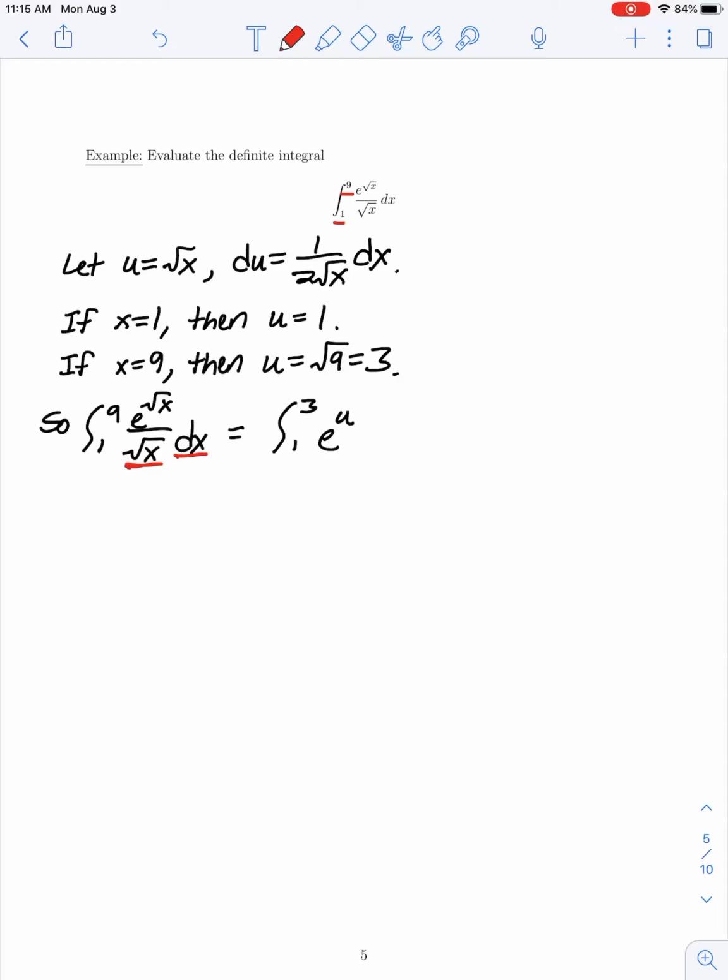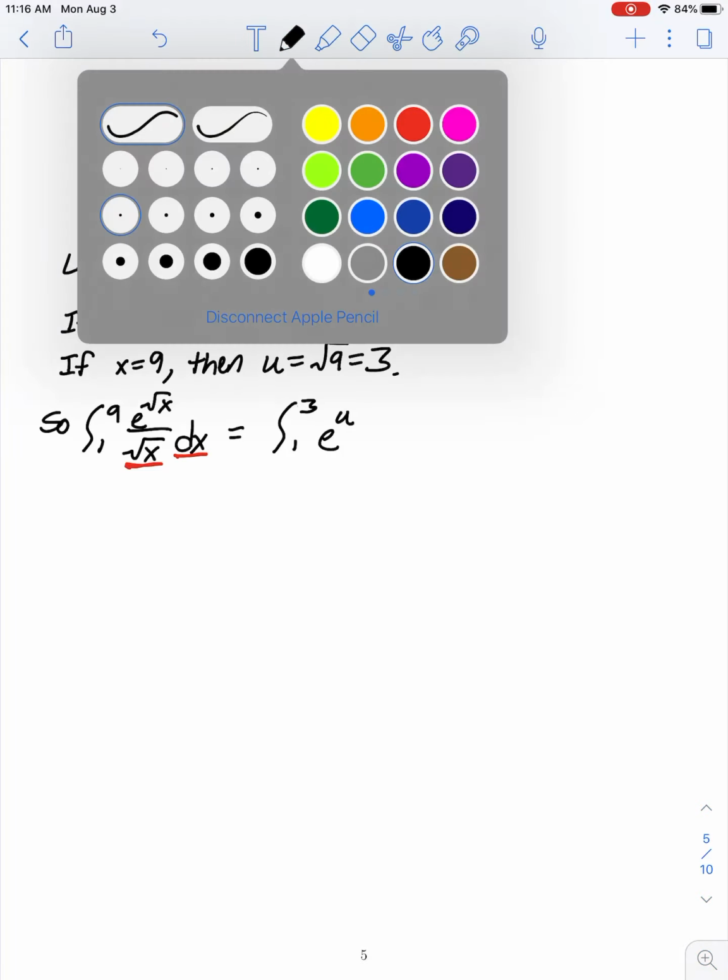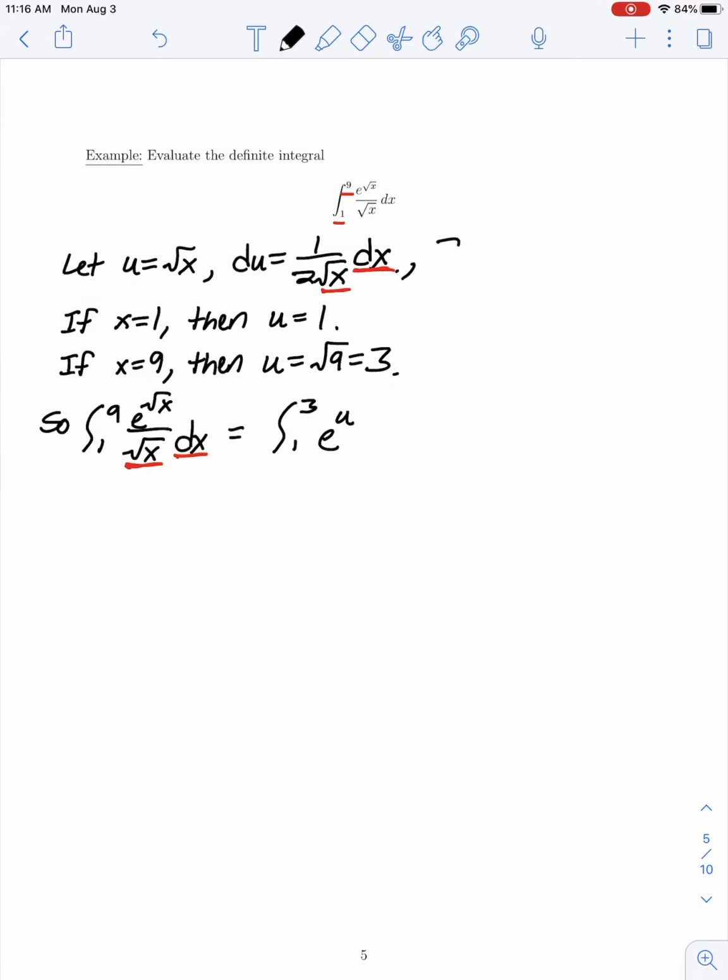So if we look back at our previous work, we see that if we have the differential dx and we're dividing by the square root of x, that's the same as 2 times du. If we multiply both sides of that equation by 2, we have 1 over the square root of x dx.